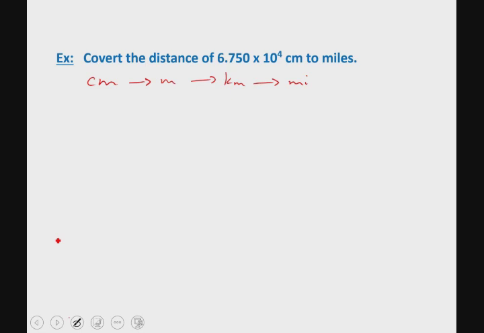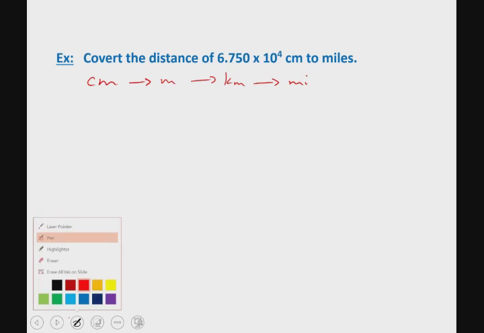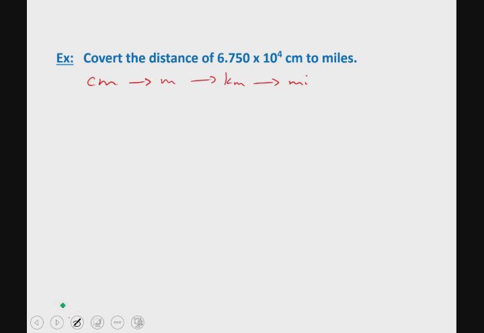You can of course find a very comprehensive list of these kinds of equations on the internet. There are also some examples in your textbook, chapter 3. So don't hesitate to do a Google search for an equation if you want to go from a certain unit to another. Okay, so let's use this path as an example to solve the problem.